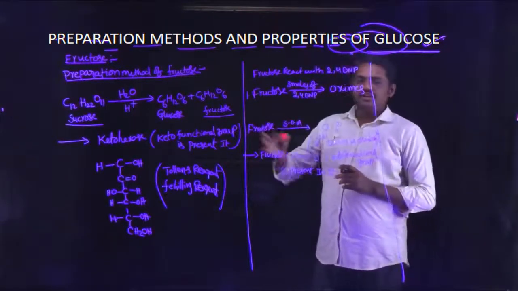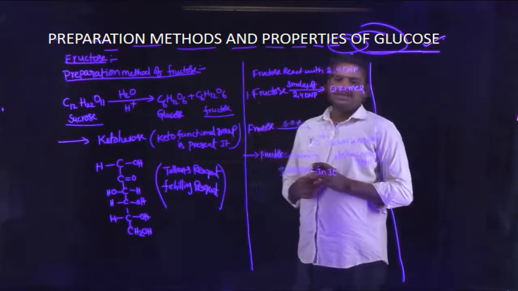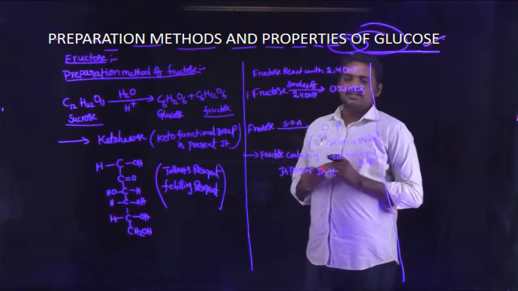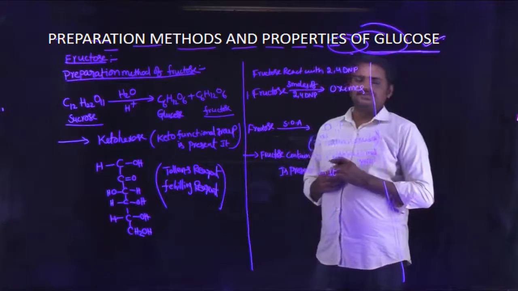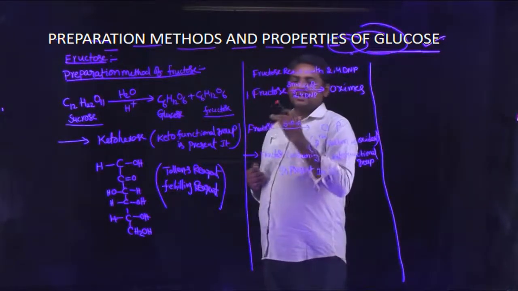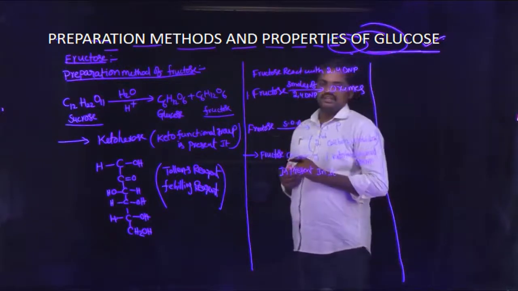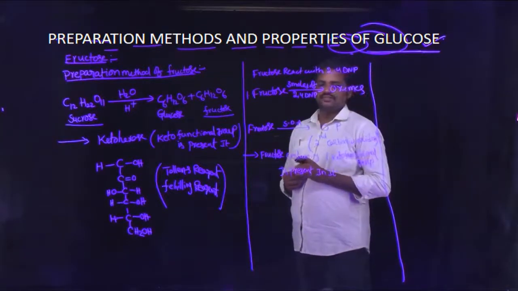A molecule like fructose reacts with these and is converted to oxidized products, with breaking only at the second carbon, because the second carbon contains the keto functional group.